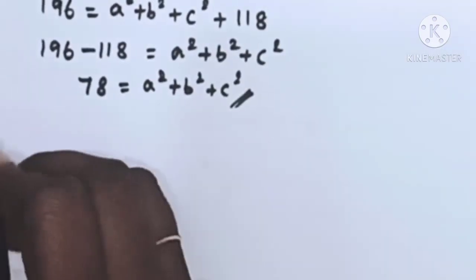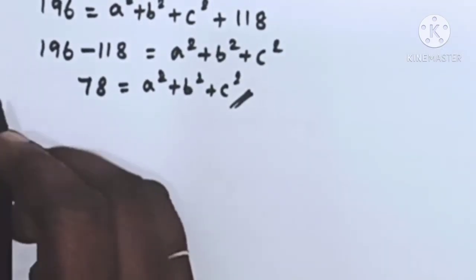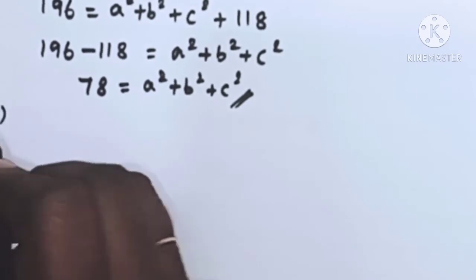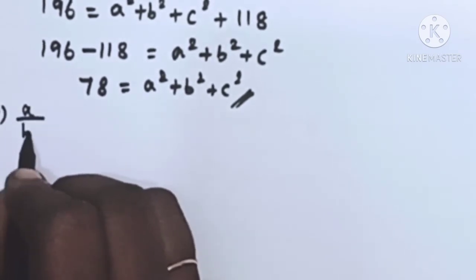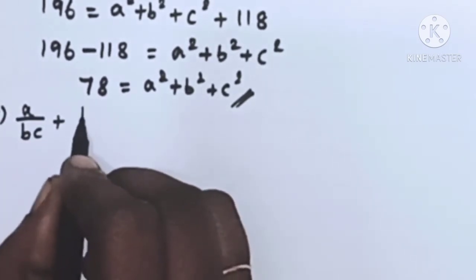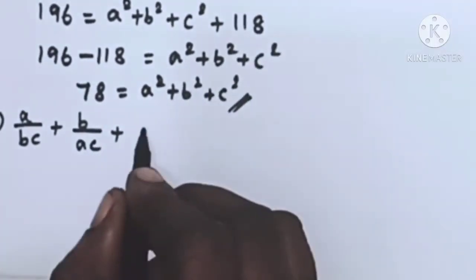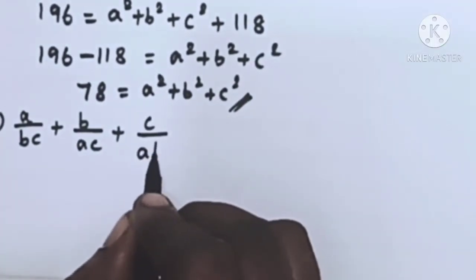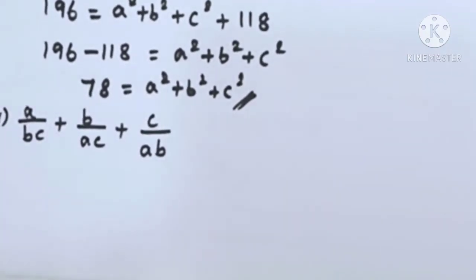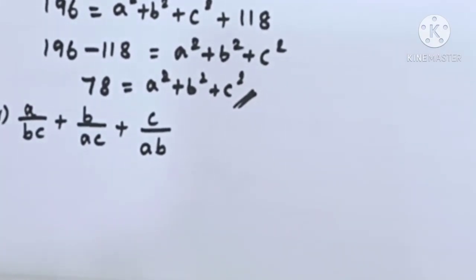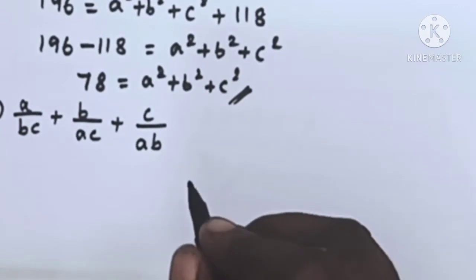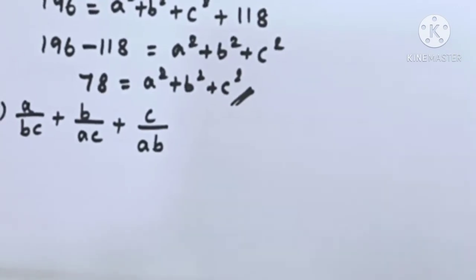And then the last one, the fourth subdivision, is A by BC plus B by AC plus C by AB. The last subdivision that we have to find is A by BC plus B by AC plus C by AB.